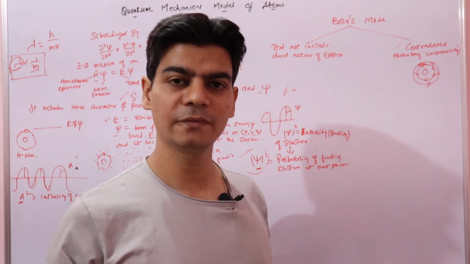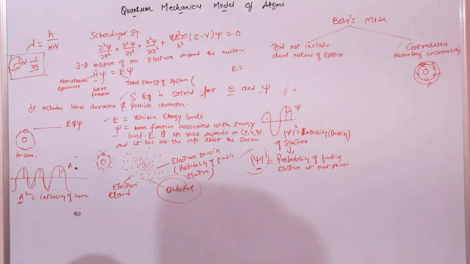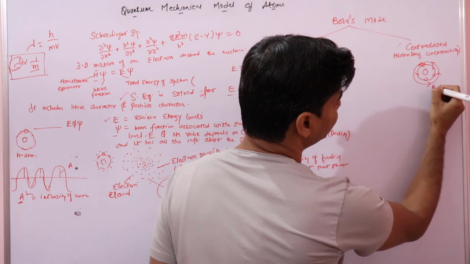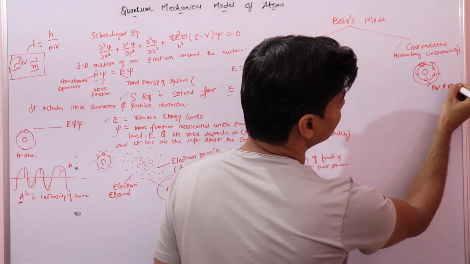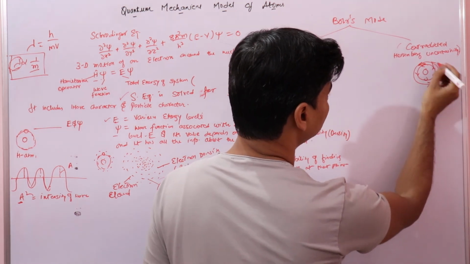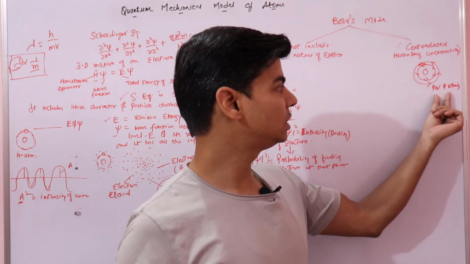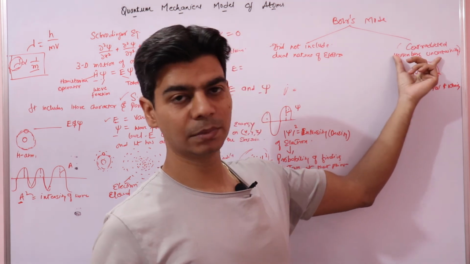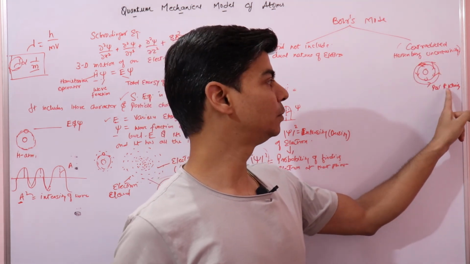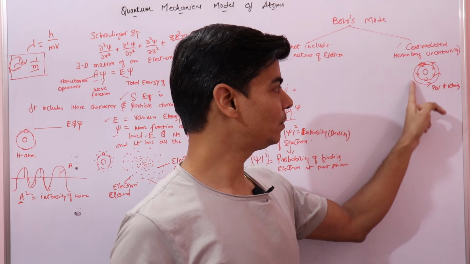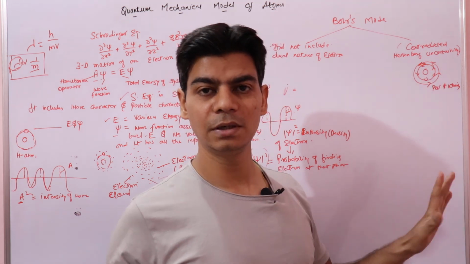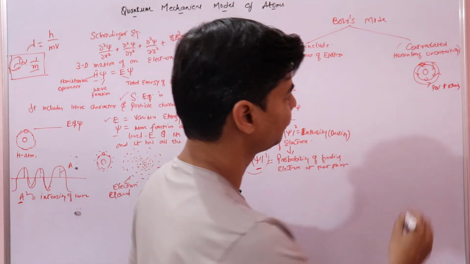That means we have specified the position as well as the velocity. Only when we specify the position and the velocity can we talk about a definite path. Since we are specifying position and velocity, as per the Heisenberg uncertainty principle, we cannot find them both. So this concept of orbit contradicted the Heisenberg uncertainty principle.